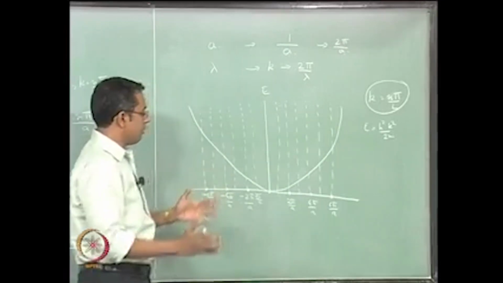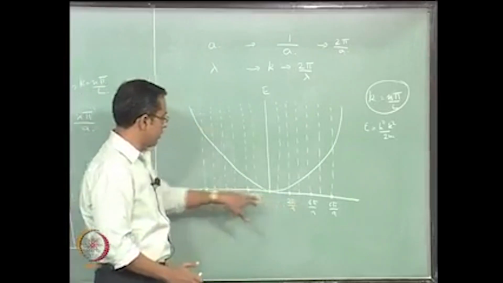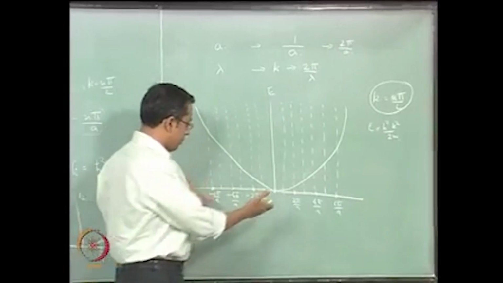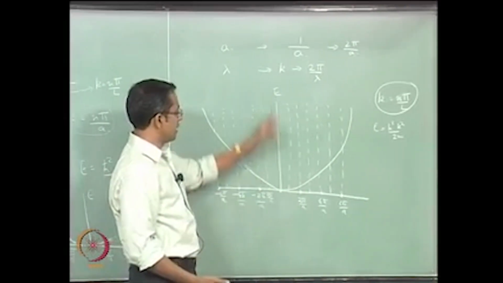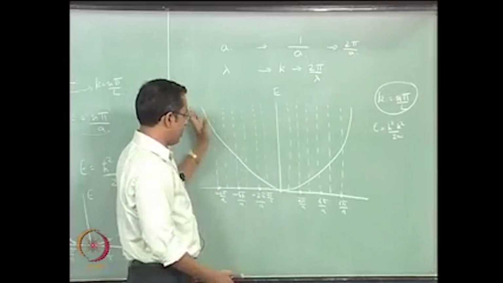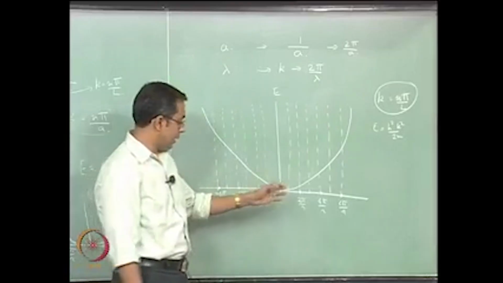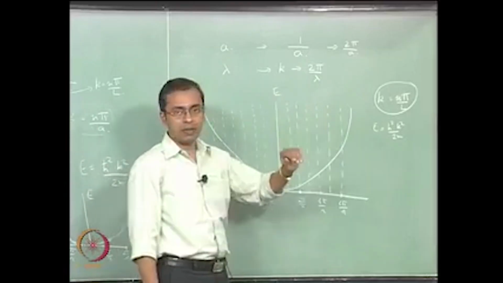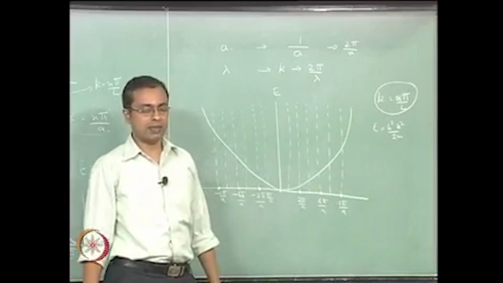So we have now got all the information of our system. We have got the reciprocal lattice spacing, we have it represented in k space, we have the Brillouin zones of that sample identified, and we have plotted all the energy values that are currently allowed in the system, simply because that is how energy is associated with the k vectors.